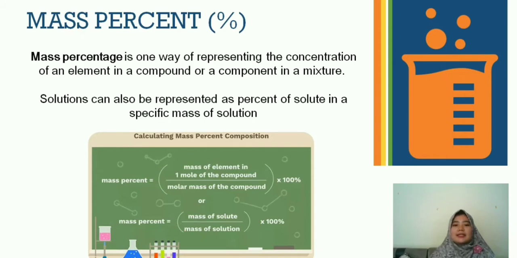Mass percent is the mass of the element in 1 mole of the compound divided by the molar mass of the compound, times 100%. For the simple formula, mass percent is the mass of solute divided by the mass of solution, times 100%.